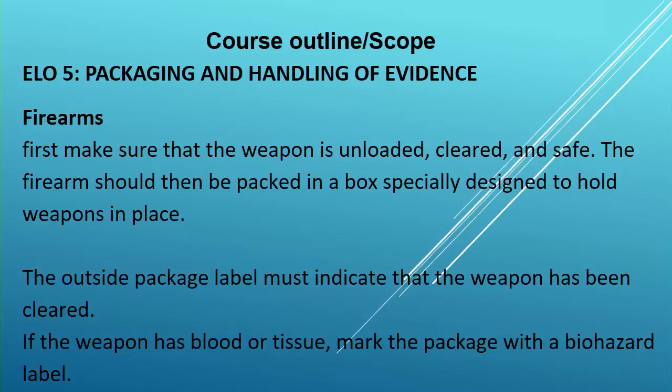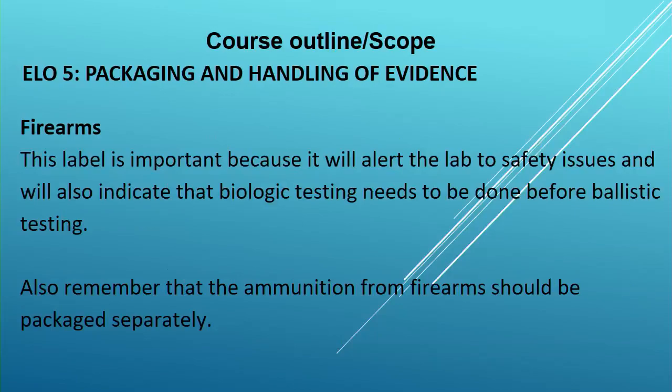If the weapon has blood or tissues, mark the package with a biohazard label. This label is important because it will alert the lab to a safety issue and will also indicate that biological testing needs to be done before ballistic testing. Remember that the ammunition from firearms should be packaged separately.